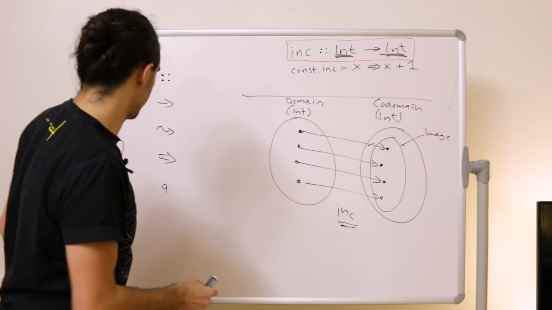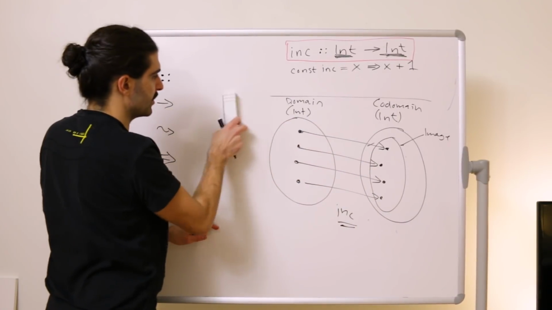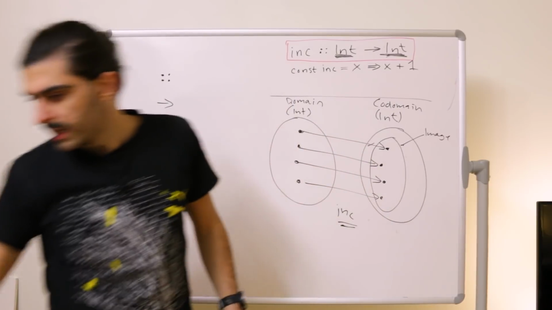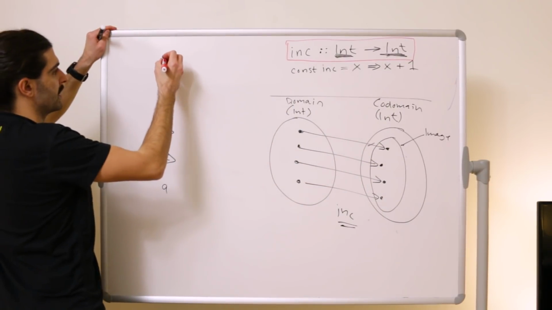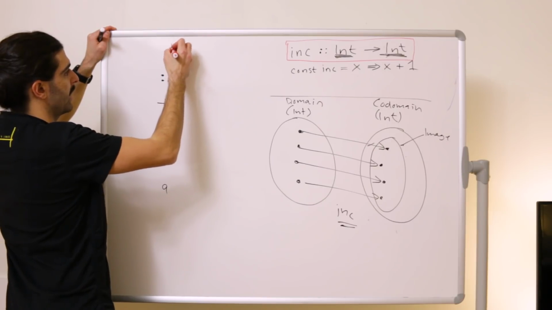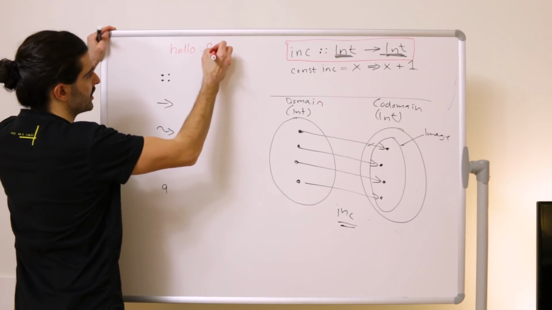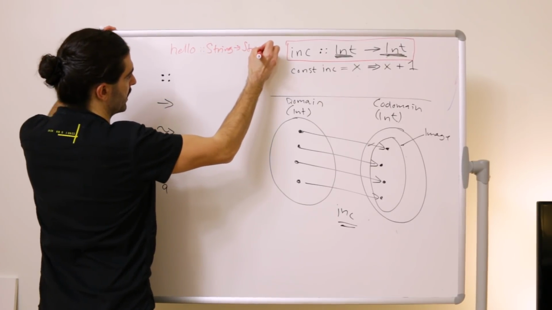So think about, let's define another function, right? Let's say you have a function called hello. Hello is a function that takes a string and returns a string.